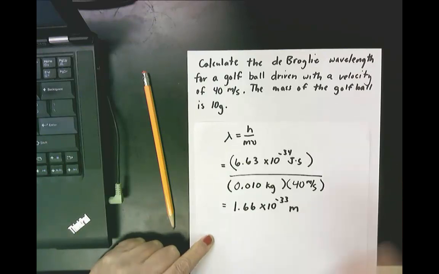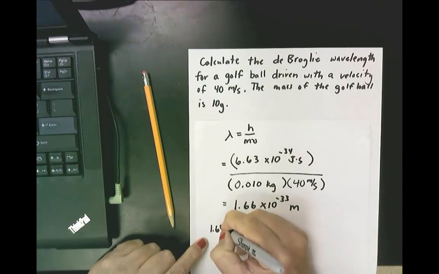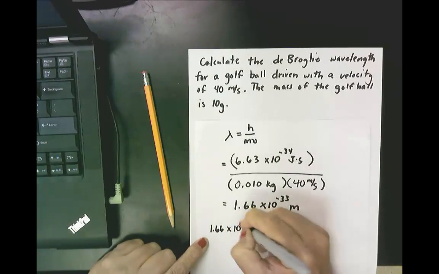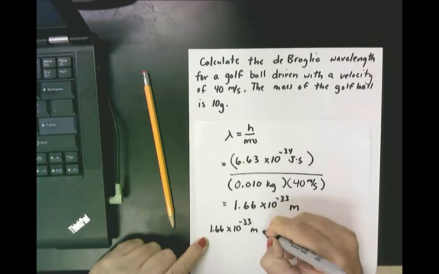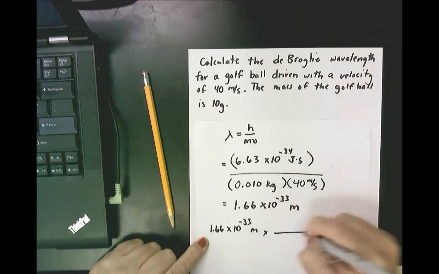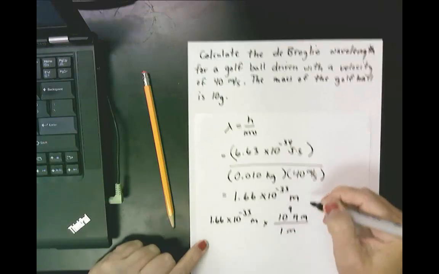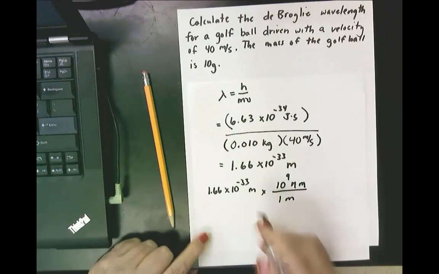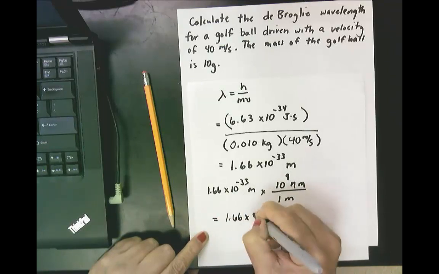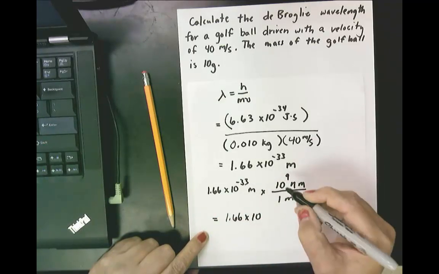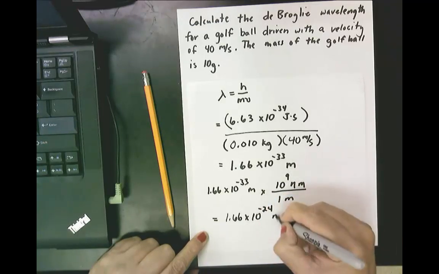Okay, and so let's take it to nanometers, since that's what we're kind of used to working with wavelengths. In 1 meter, there's 10 to the 9th nanometers. Okay, so that would give us 1.66 times 10 to the negative 24 nanometers.